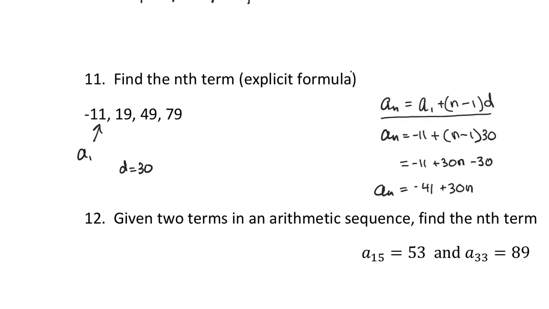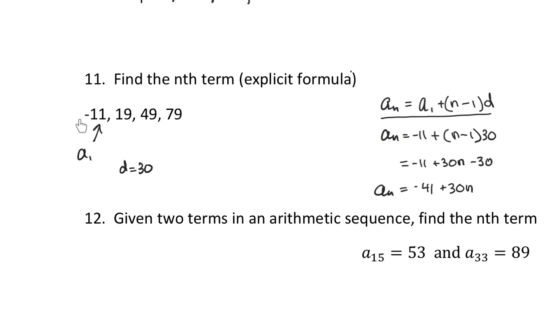It's totally fine. The other way we describe this is an arithmetic sequence is described with an nth term formula that's linear, where you can think of this as a slope, a constant rate of change, which is plus 30 every time. And then negative 41, if we think of y equals mx plus b, b is your y-intercept when x equals 0, or an imaginary number in front of the first term when n equals 0.